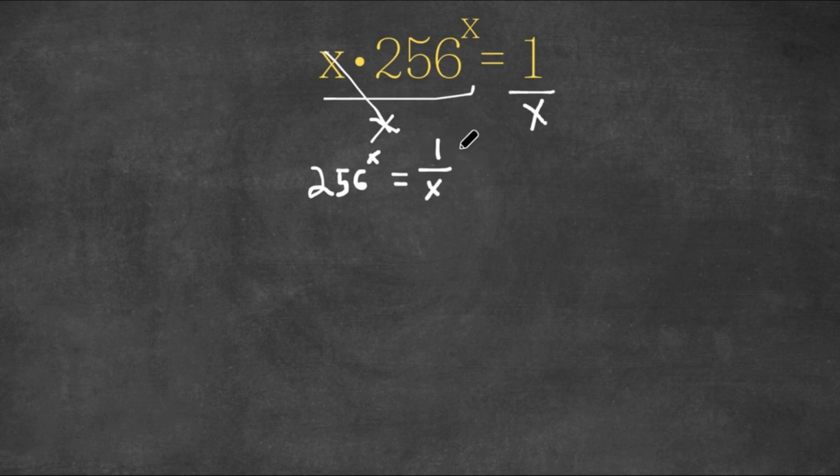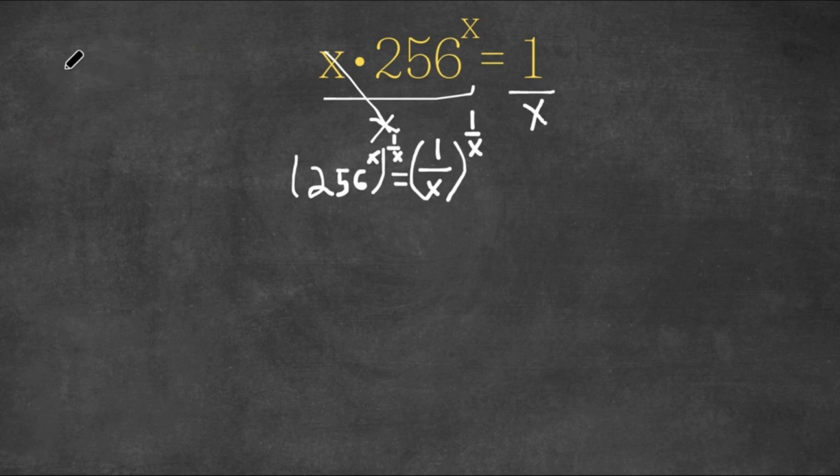Now what we're going to do is we're going to power both sides to the 1 over x. So we're going to do 1 over x to the power of 1 over x and 256 to the power of x to the power of 1 over x.